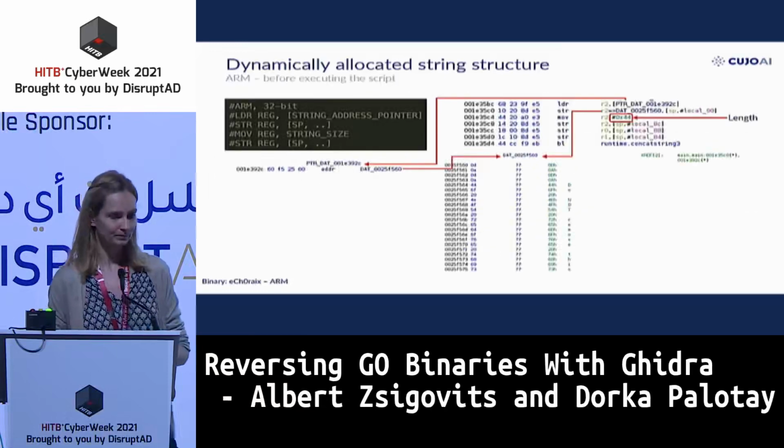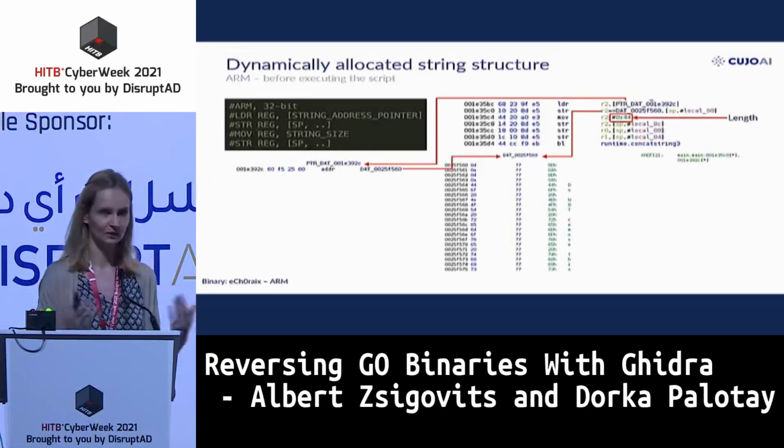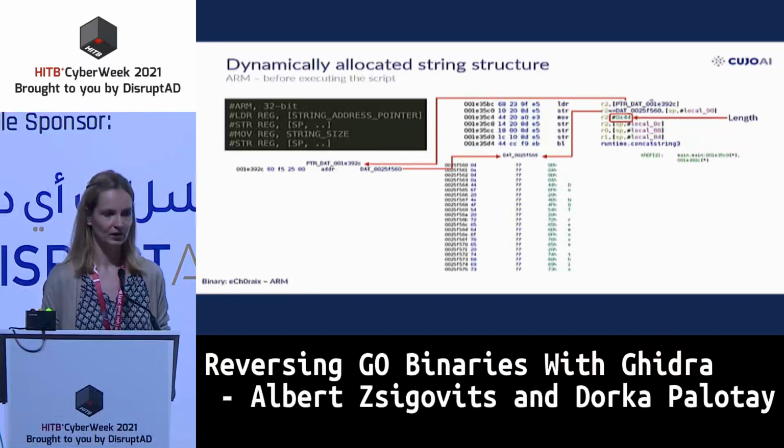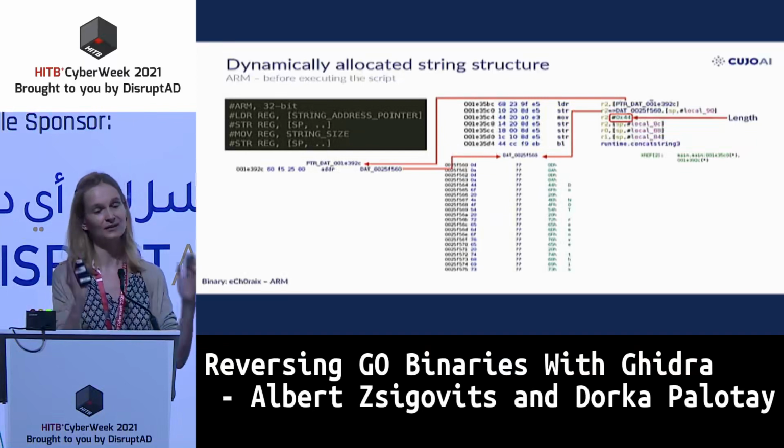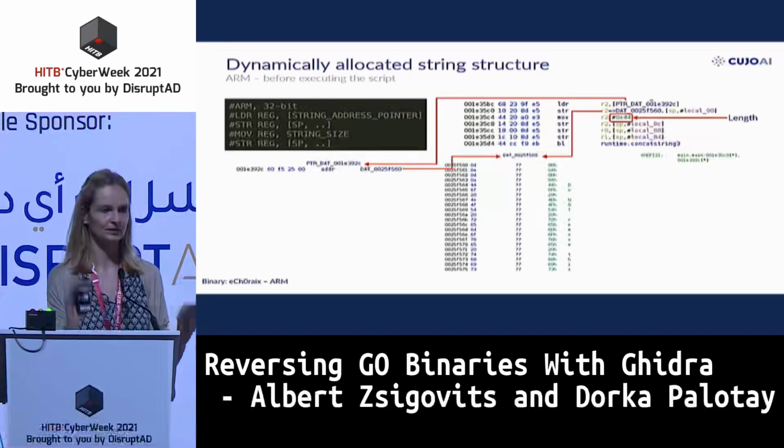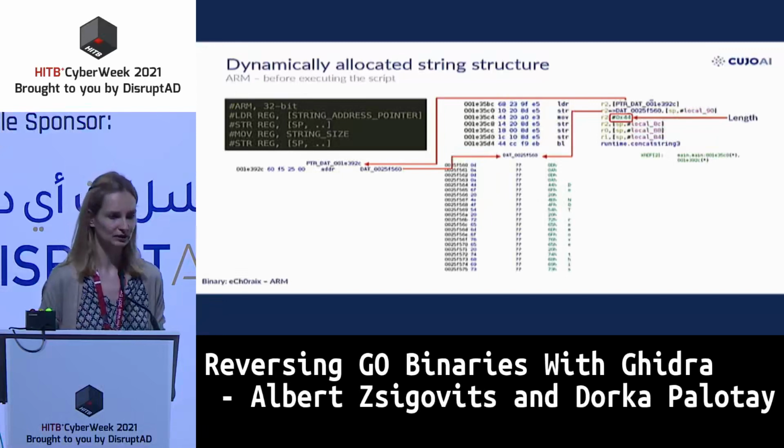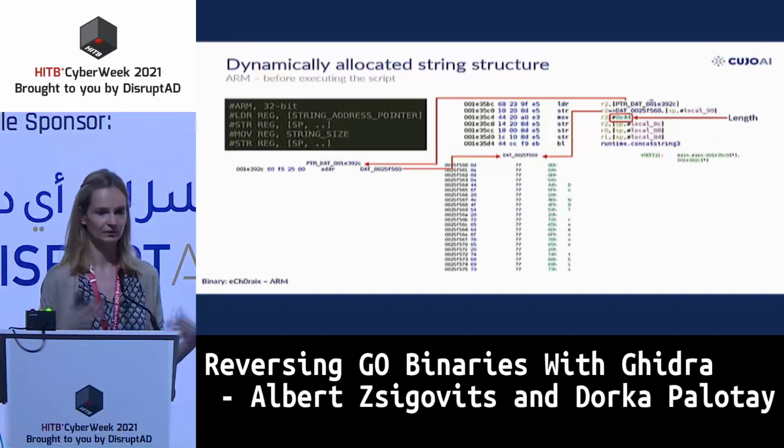And let's move to the ARM version. I will show two examples here as well. It looks very similar. First, there is one extra step, because a string address pointer is moved to the register. But then it will also move to the stack along with the string size.